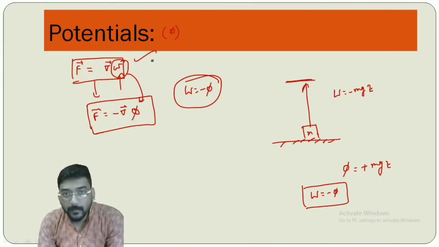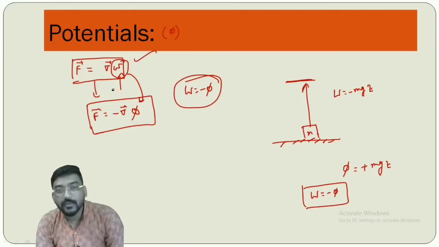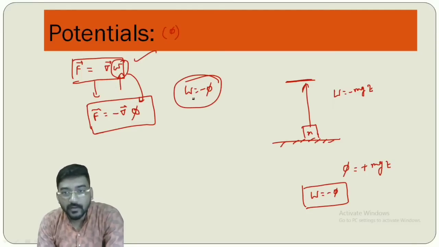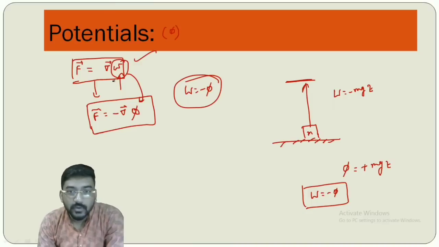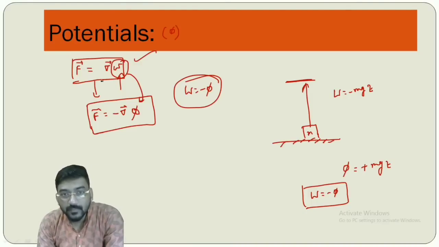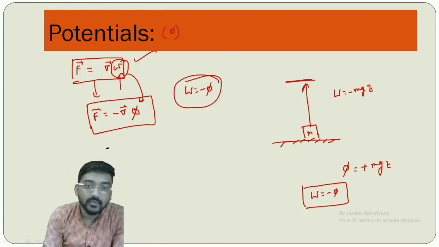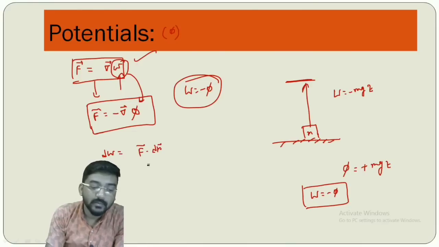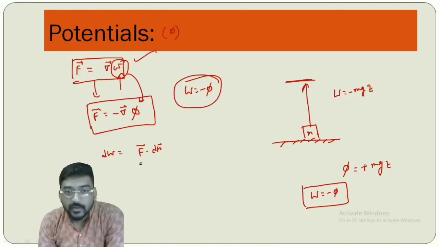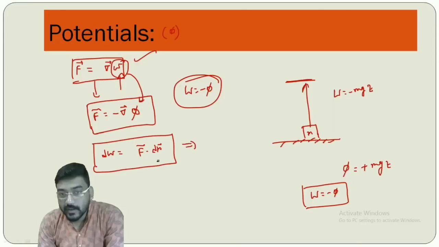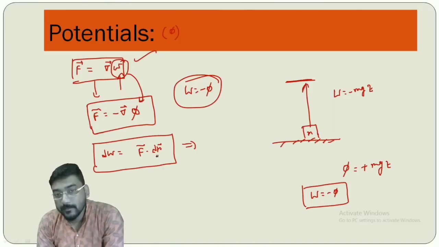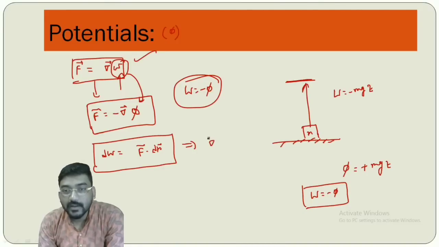So how can you find out w or phi? You just have to integrate the function, because we have dw is equal to f dot dr. Suppose this dw is equal to f dot dr is given, and we find by calculating that curl of f is equal to 0.